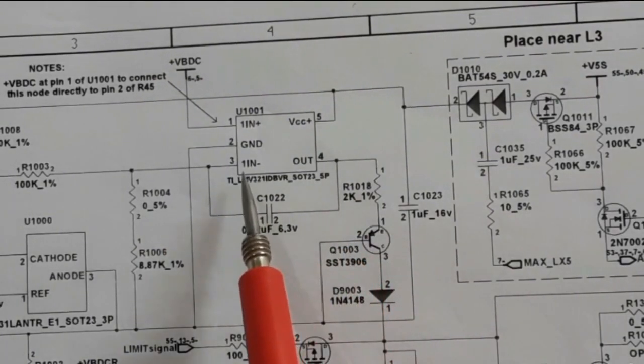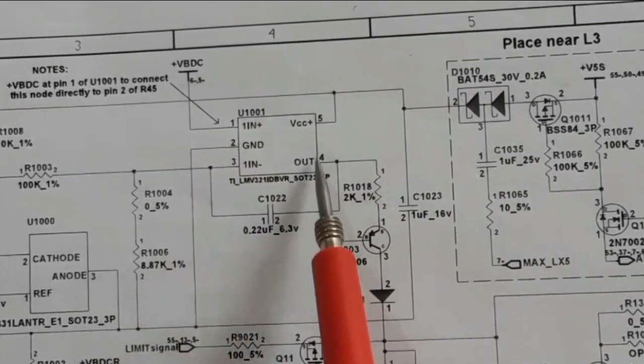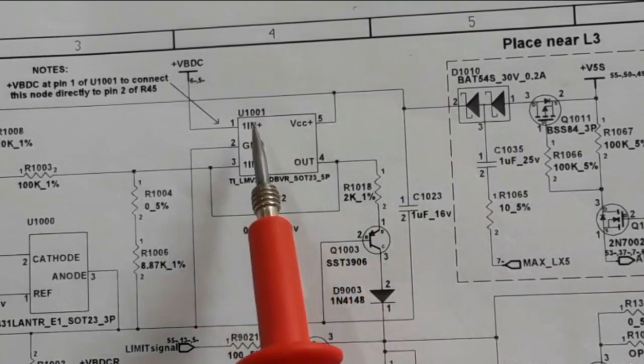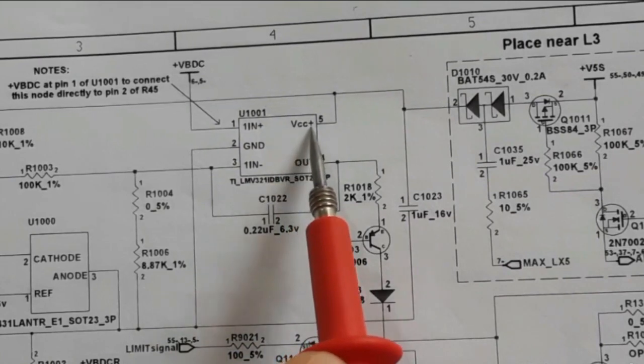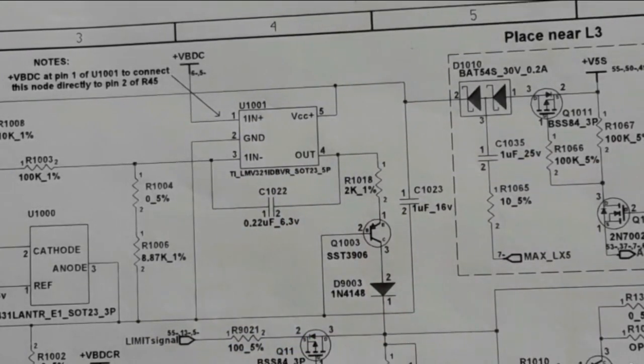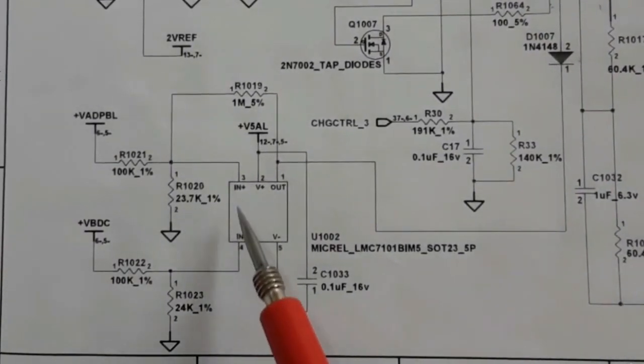Here we have the input voltage and the output voltage. We call this a voltage converter IC, or you can call it a regulator, no problem.